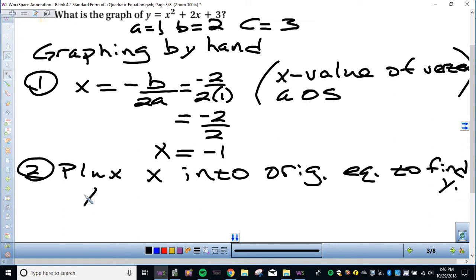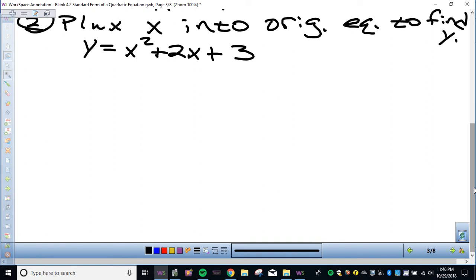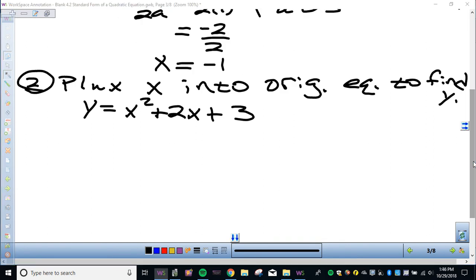So our original equation is y equals x squared plus 2x plus 3. And we're going to plug that -1 we got right here for this x and right here for this x.